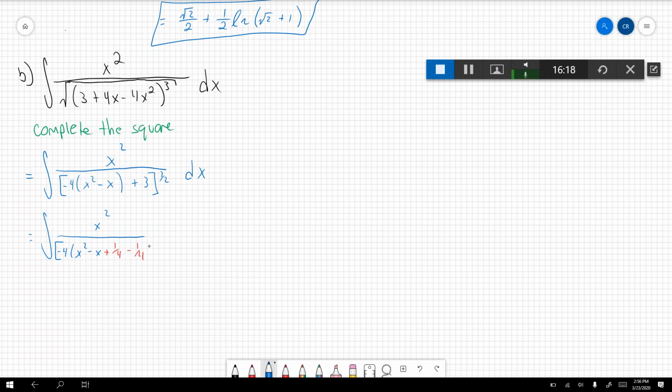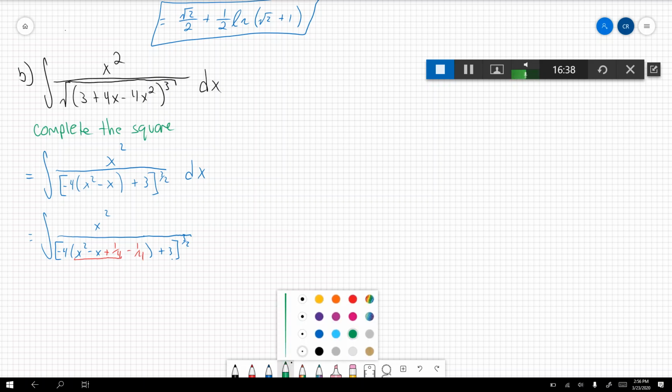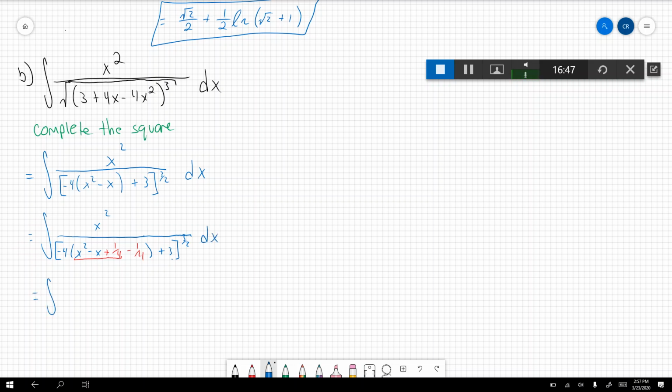Now, if you look at that, all we're doing is saying there is a 0 that exists right in here. So I'm going to manipulate that 0 to be 1/4 minus 1/4. In doing so, I'm going to group these first 3 terms, and by grouping those first 3 terms, I am now going to be able to factor it out perfectly.